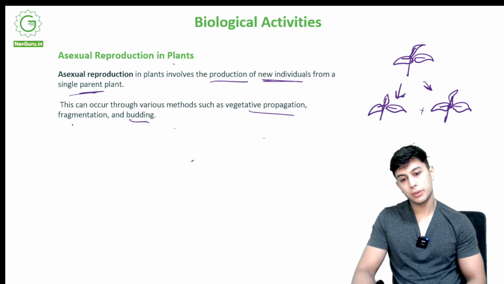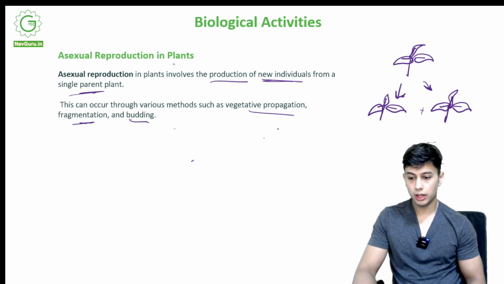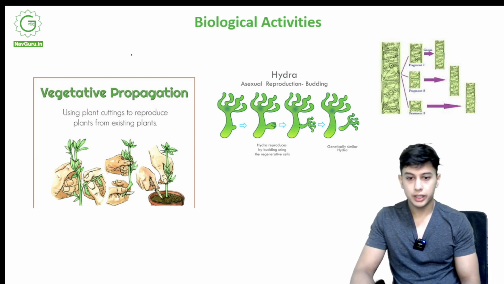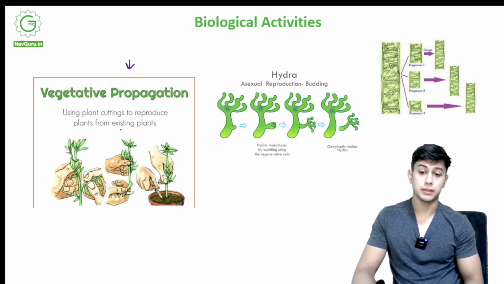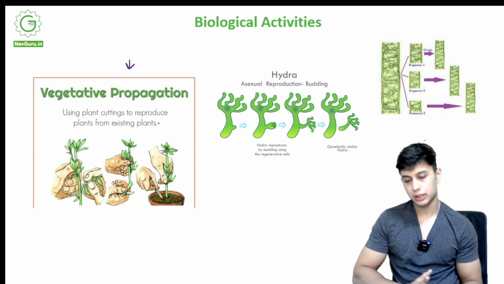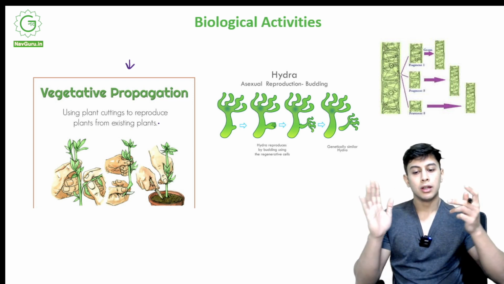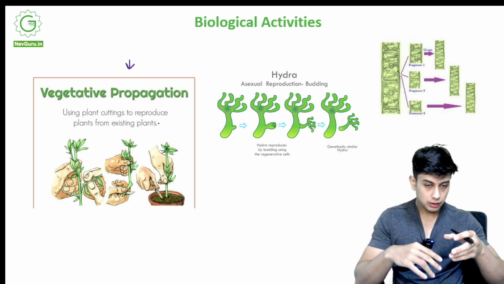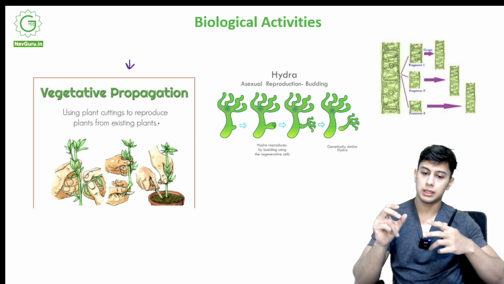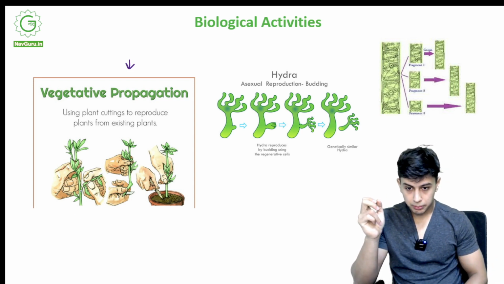What is vegetative propagation? Let me show you through a diagram. See over here, vegetative propagation: using plant cuttings to produce plants from existing plants. It might sound confusing, but I take a plant and cut some part of it, maybe a part of the stem or leaf, maybe one branch.